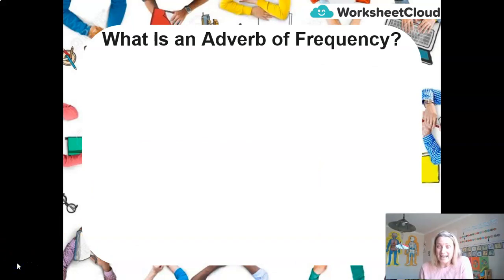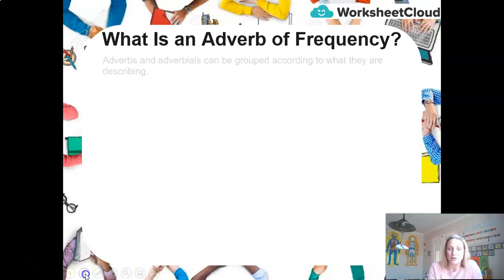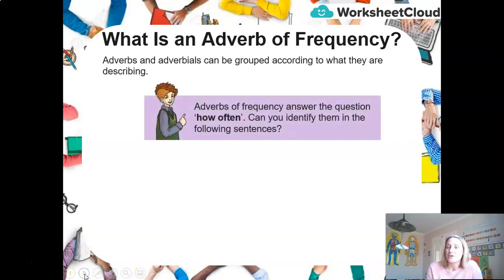So we've looked at adverbs of time, manner, place, and number. And finally, for this lesson, we're going to look at adverbs of frequency. So what are adverbs of frequency? Adverbs of frequency tell me how often. Okay, so place, where; time, when; manner, in what manner; number, in what order; and frequency, how often.